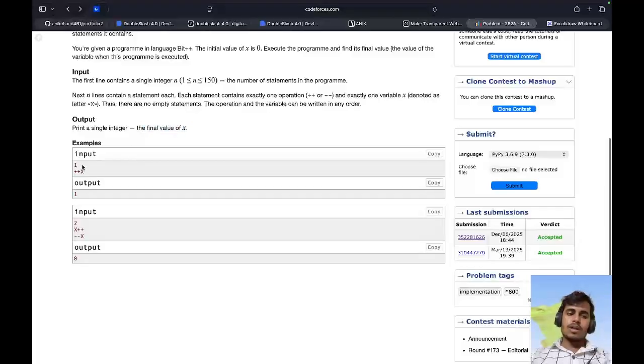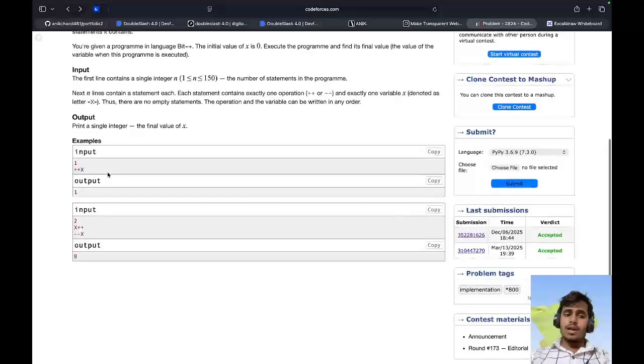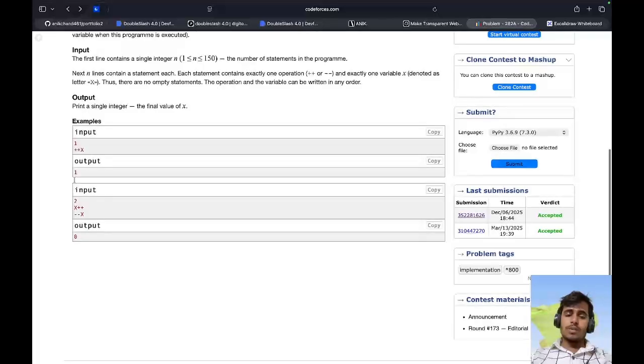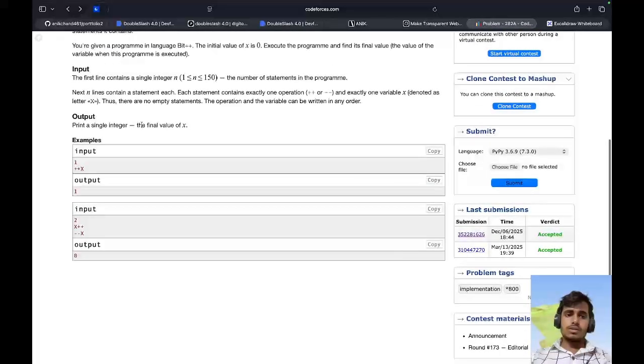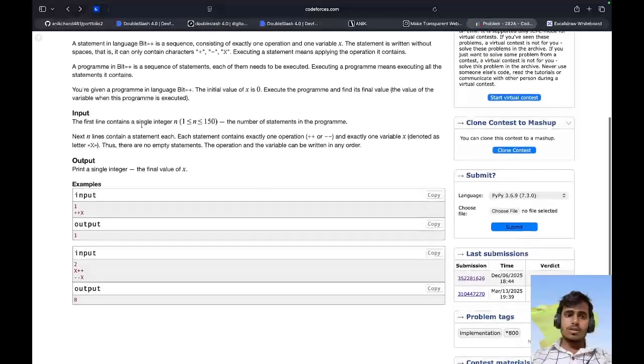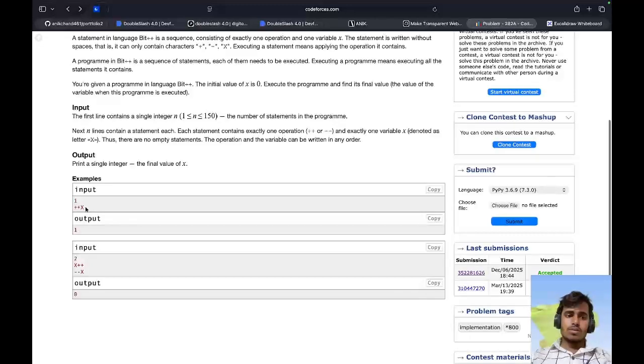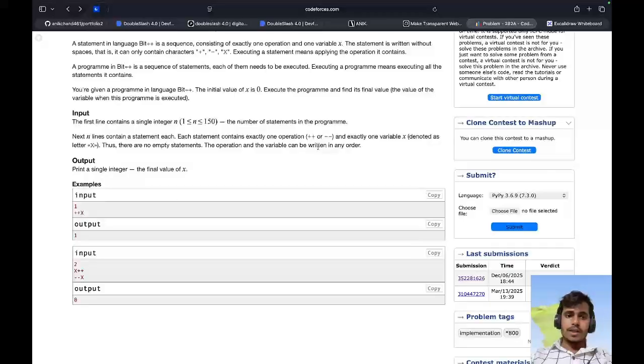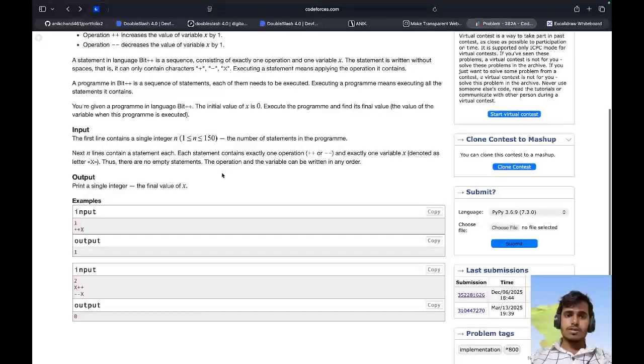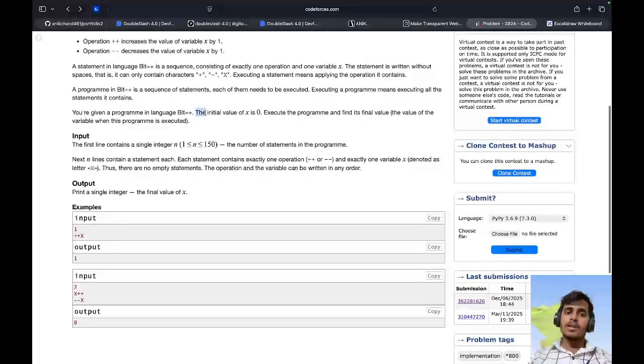So you are given one line to execute, that is plus plus x. What should I get? The initial value of x is 0, that is given.